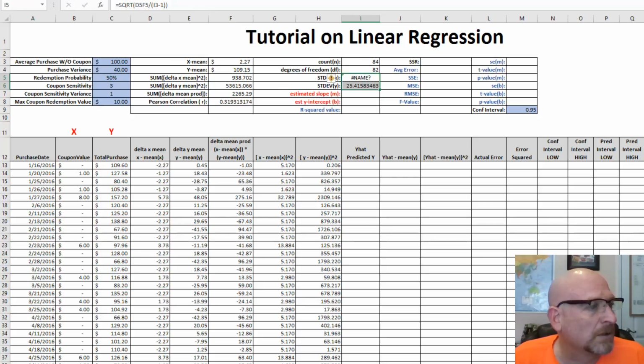And when you do that, you end up with, and I did something wrong. Let's see what I did wrong. Okay, I corrected it. There we go. Bingo. So here's our standard deviation. So the standard deviation of the x is actually 3.36, which means that the average coupon, we know the average coupon was right up here at $2.27. But standard deviation, think of it as kind of like a plus or minus.